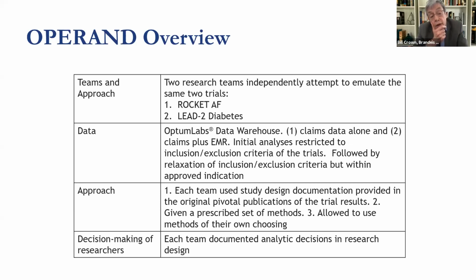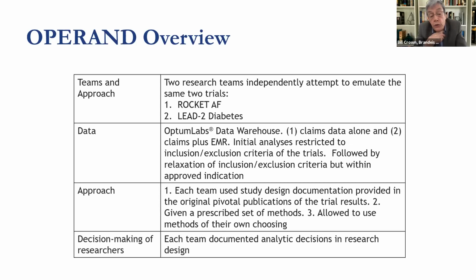But then the second trial that we looked at was the LEAD-2 diabetes trial. As you were just pointing out, Mark, this had as its endpoint hemoglobin A1C changes. So for this one, we picked it as a type of study which would normally not be possible in claims data, but would require electronic medical record data to conduct it.